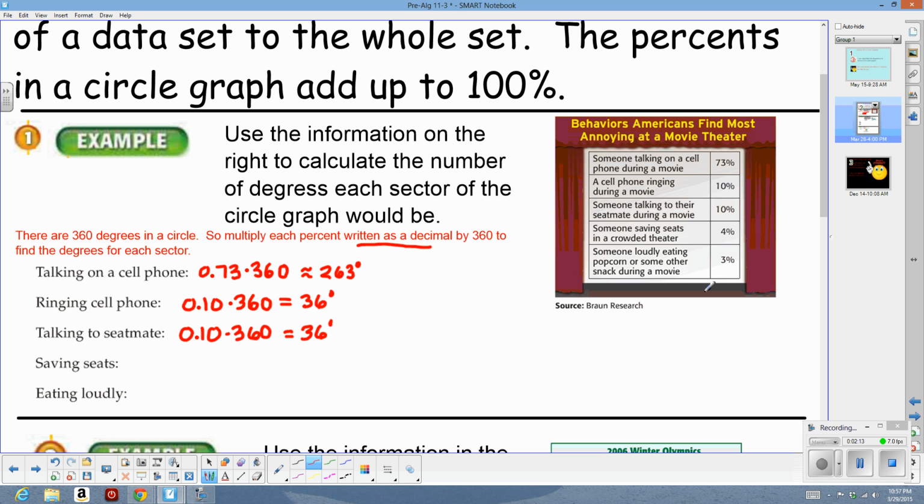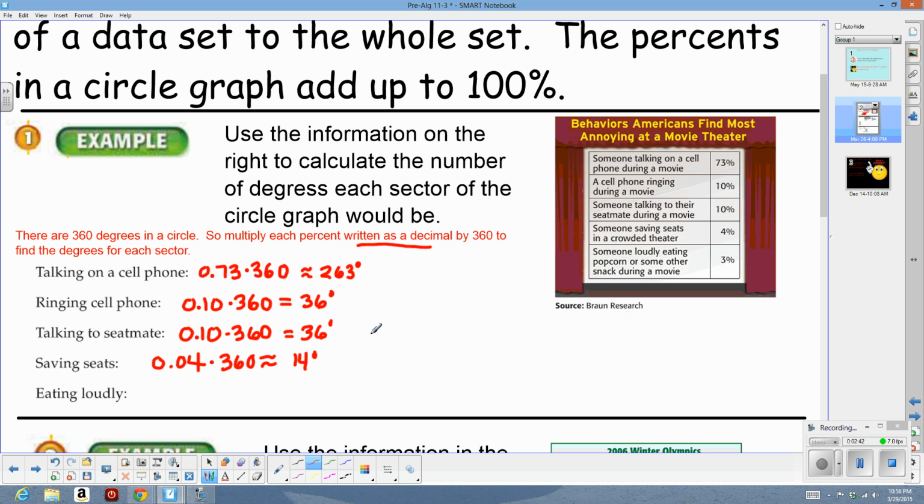Saving seats. 4% said that would be annoying to them. So 4% as a decimal is 0.04 times 360. That's going to give us 4% of 360. 4% of 360 is about 14 degrees.